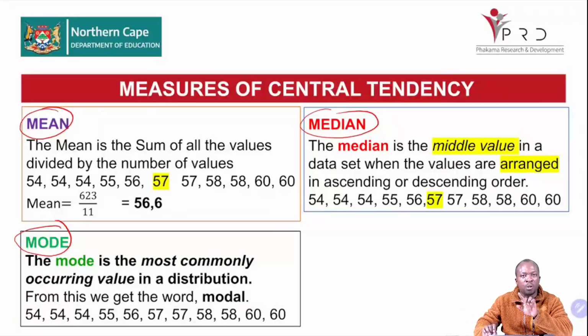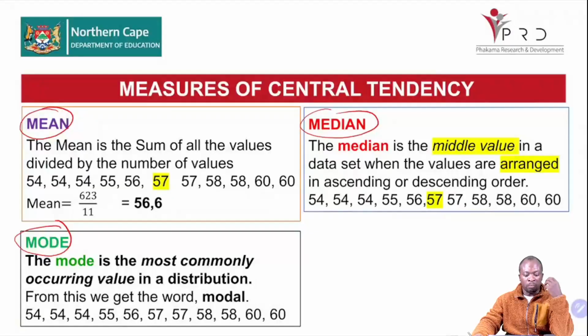Mean, median, mode. Those three, we call them measures of central tendency. Basically, we are using one value to judge the data set. So if we are talking of your marks, if we put all your marks and divide by how many learners wrote that task, we are going to end up getting one value. And that value is what we call the measure of central tendency.